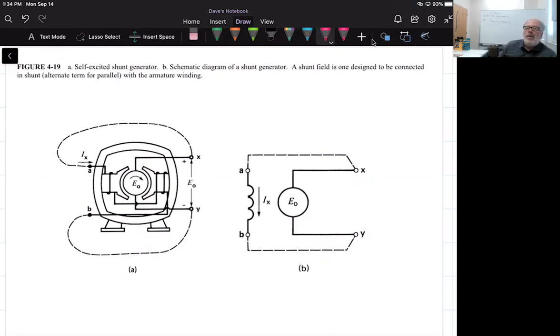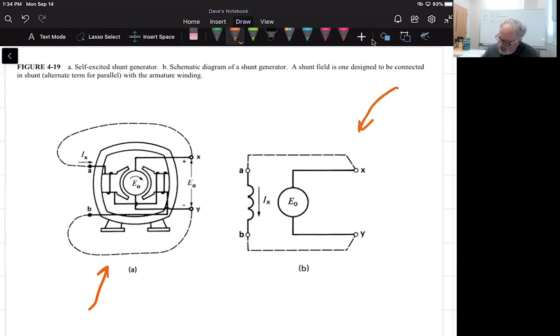But now we're going to look at this shunt construction, and we've got two representations of it: the schematic diagram, and then more of a physical representation.